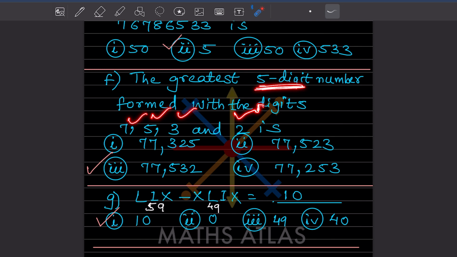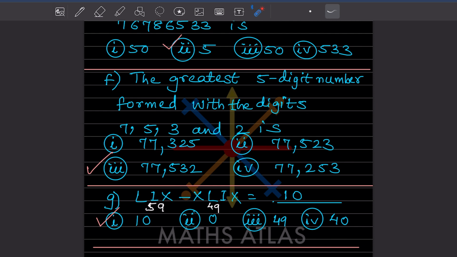Whenever we are making the greatest number and we have fewer digits, first we have to see which is the biggest digit. So this is going to be 7. We have only 4 digits, so we will repeat this 7 twice. So we write 7, 7 twice, and then the rest of the digits in descending order, that is 5, 3, 2. Okay, so the answer is 77,532.